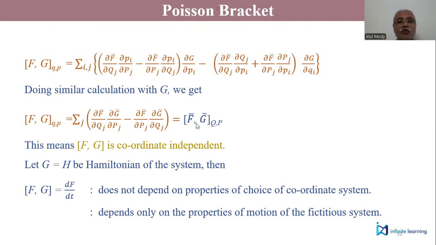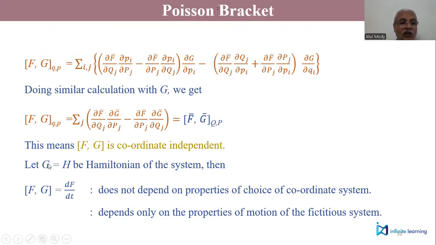Okay, so that gives you your Poisson bracket with new coordinate and new momentum. So the Poisson bracket with old coordinate and old momentum is the same as the Poisson bracket with new coordinate and new momentum, which means the Poisson bracket is coordinate independent.